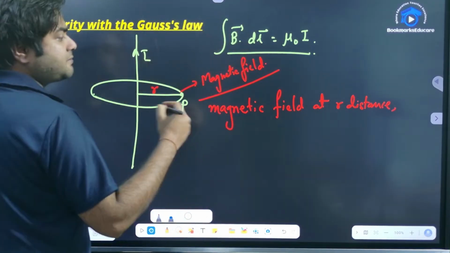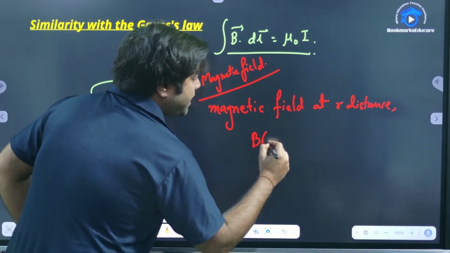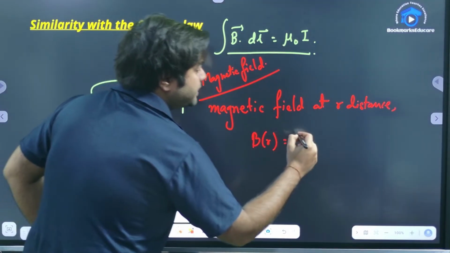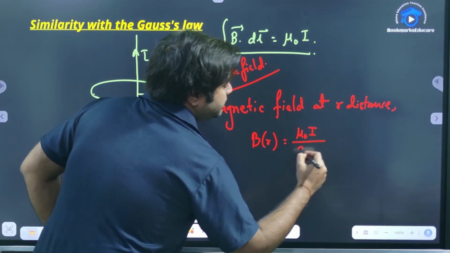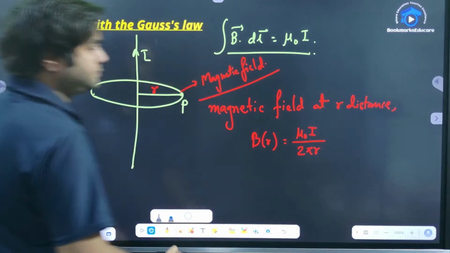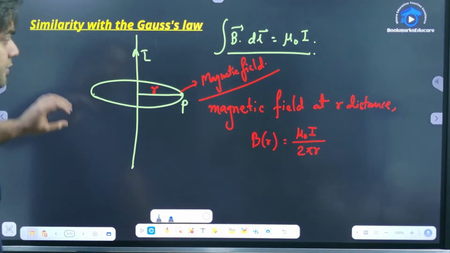How much does it become, children? That magnetic field at r distance will become mu naught I divided by 2 pi r, right? Mu naught I divided by 2 pi r.